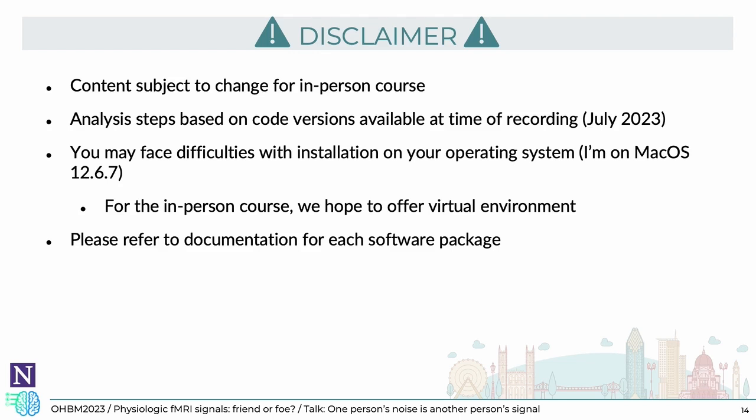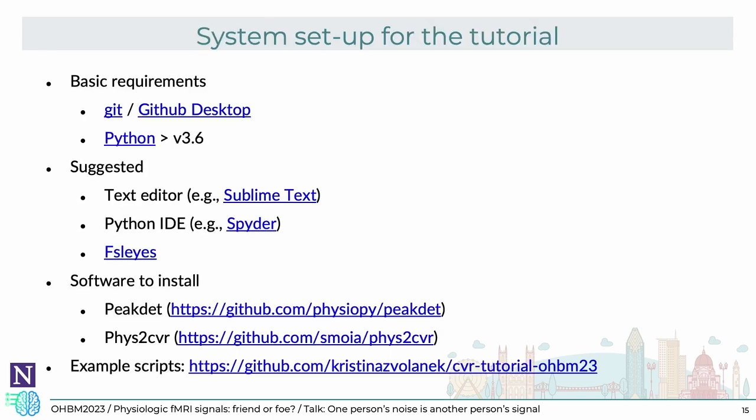To follow along with the coding portion of this tutorial, you will need to install Git or GitHub Desktop, and you will also need a working version of Python, version 3.6 or greater. I also suggest having a text editor, a Python integrated development environment, and FSLeyes to view some of these CVR maps. The software to install includes PeakDet and phys2CVR, and the links to these GitHub repositories are shown here.